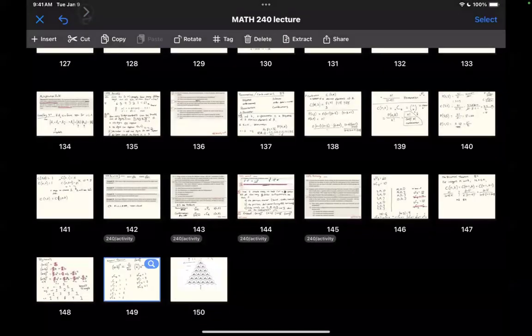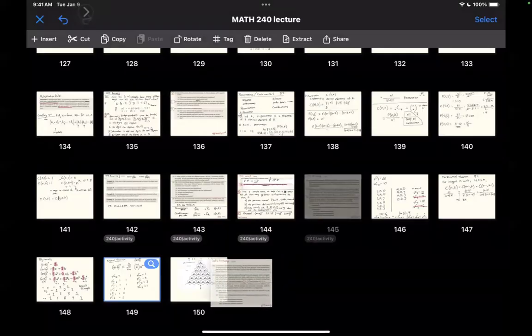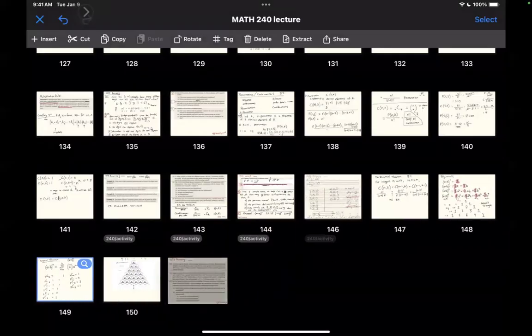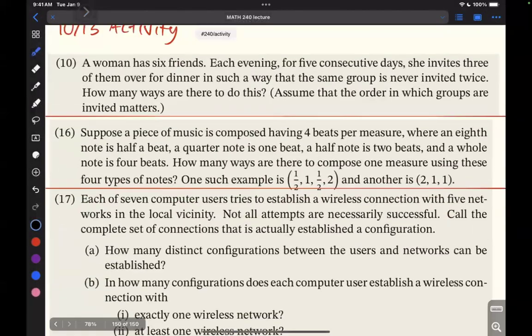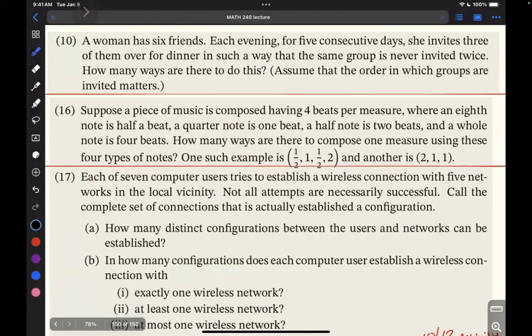So now I have a problem for you, or multiple problems. I've got 3 questions for you. The first is a woman has 6 friends. Each evening for 5 consecutive days, she invites 3 of them over for dinner in such a way that the same group is never invited twice.